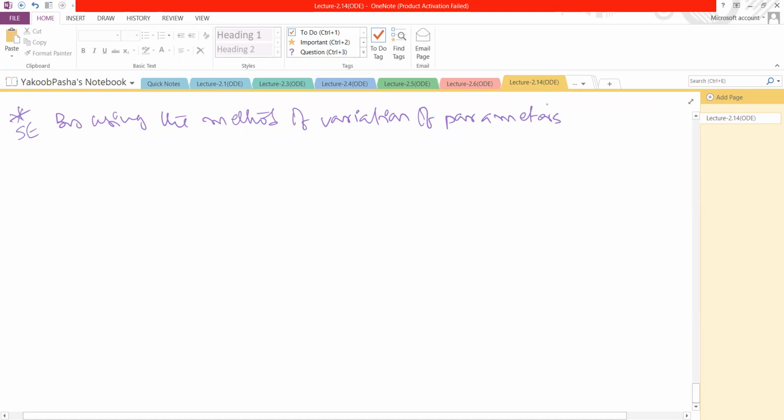Find the particular integral yp of the differential equation d square y by dx square plus 9 into y is equal to cosec 3x.